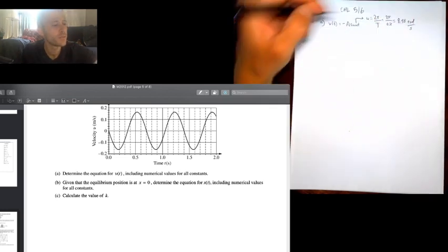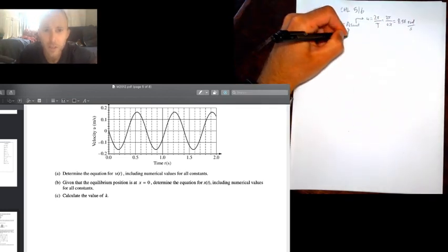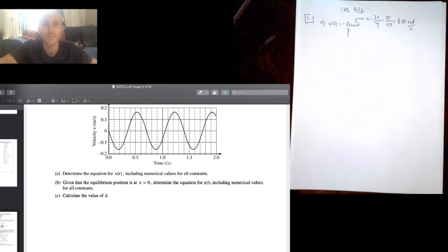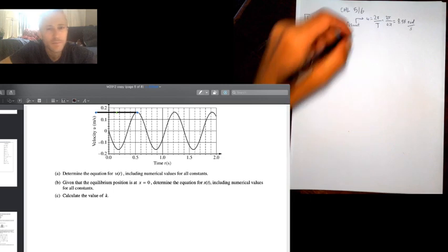And then the amplitude I can see is roughly, it's a little bit hard to see exactly where it is, let me draw a horizontal line. It looks like it's about 0.16.